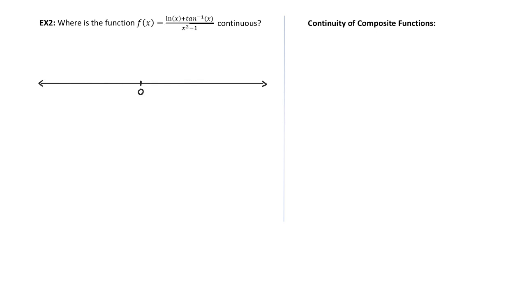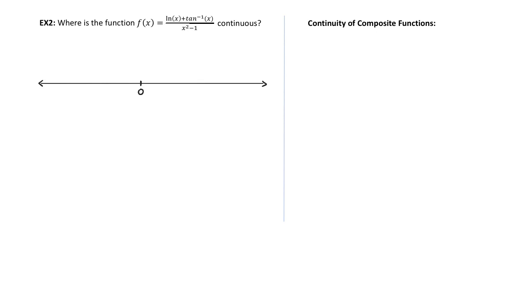It's irrational, it keeps going on forever, but ln, the natural logarithm, is a logarithm with base e. Then we have the inverse trigonometric function for tangent, tangent inverse, and then we have a beautiful polynomial, a quadratic in the denominator. So where is this function continuous?